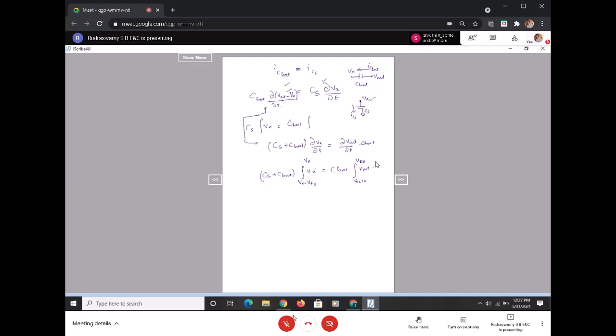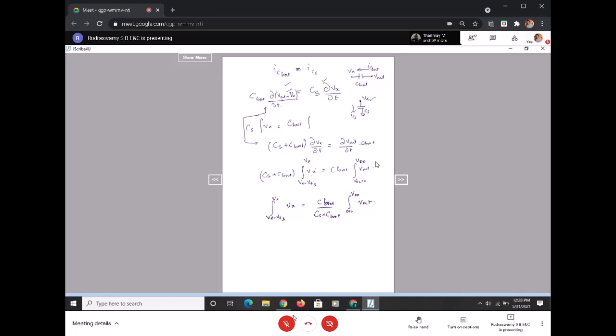So the moment I try to integrate, I can write this as Vx minus Vt3 into Vx, Vx is equal to C boot divided by CS plus C boot, integration VOL to VDD into V out.